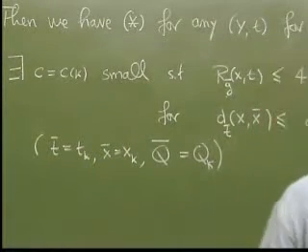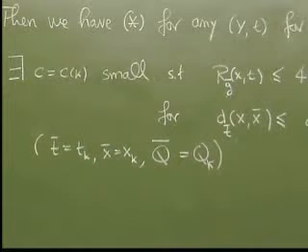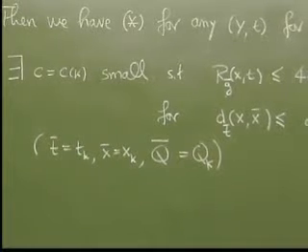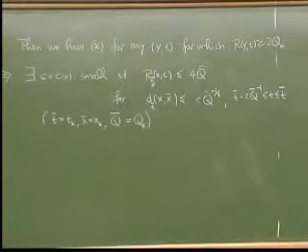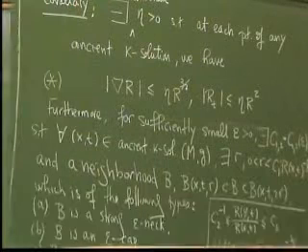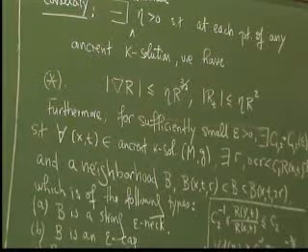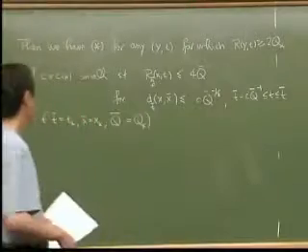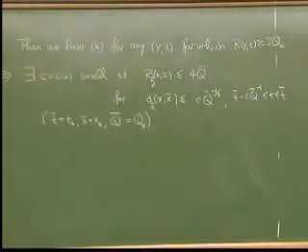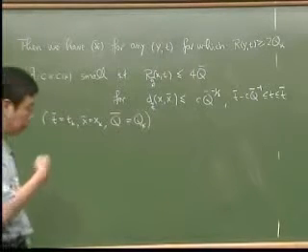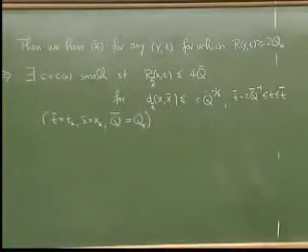Why is this true? Because of this. If a point does not travel too long, and you have this, then you have this. Maybe I plot GK.